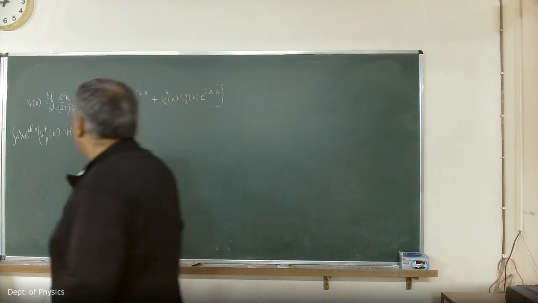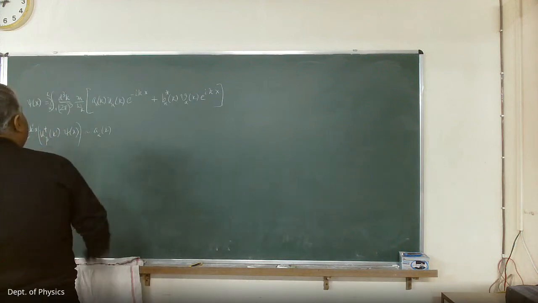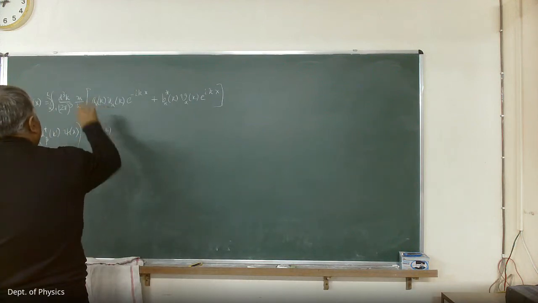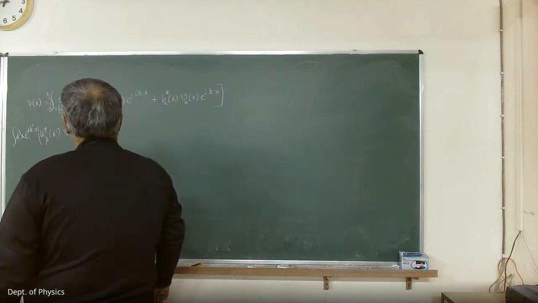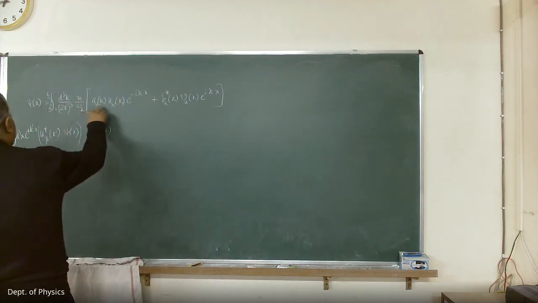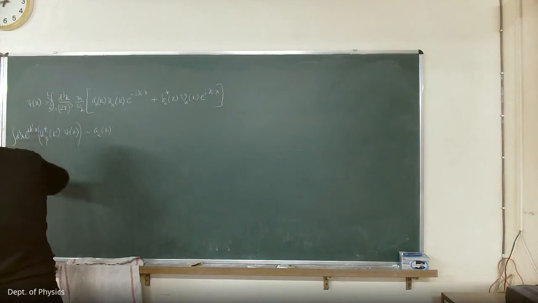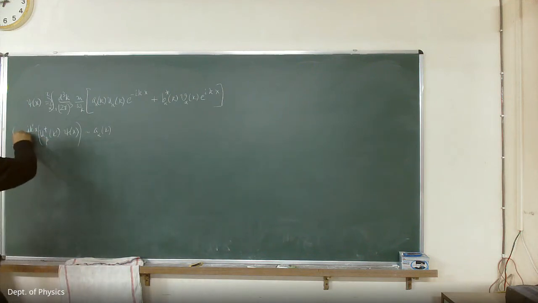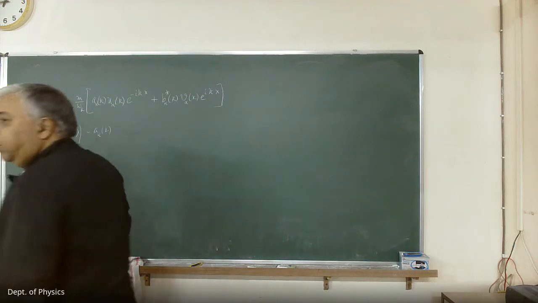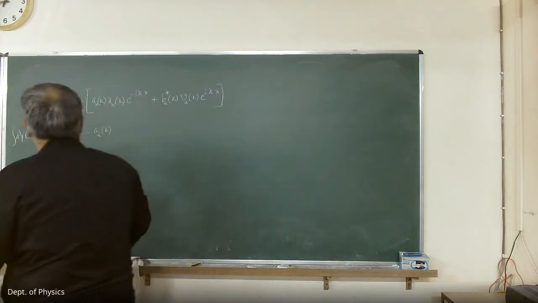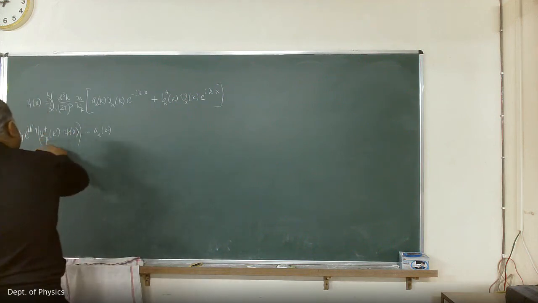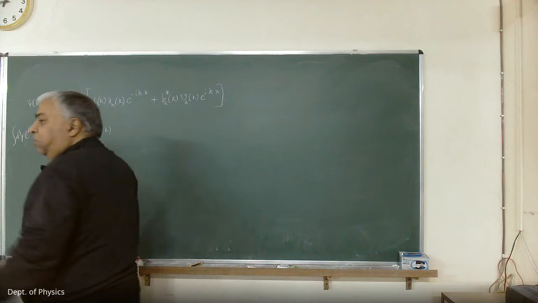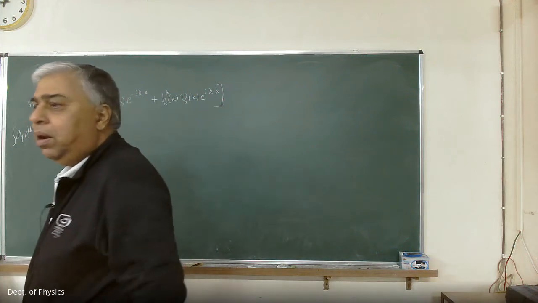So now what I did, I replaced A alpha by this expression, but now I changed the dummy index from X to Y. Since this is a number, it is trivially just a number.